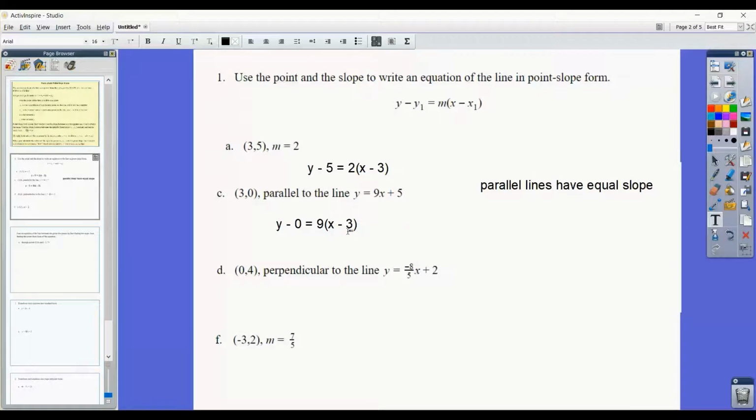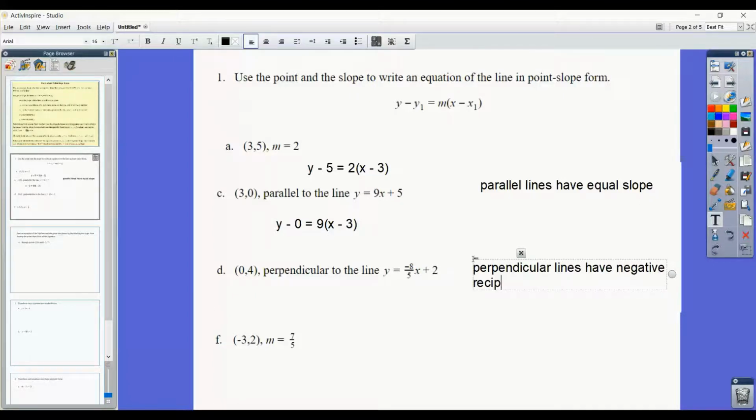Now we'll go to the next example here. In this next example, we're going to be going perpendicular to a line. So if it's perpendicular to the line y equals negative 8 over 5x plus 2, remember, I know, minor typo there, perpendicular lines have negative reciprocals. We like to say opposite, but really we like to use the word negative reciprocals.